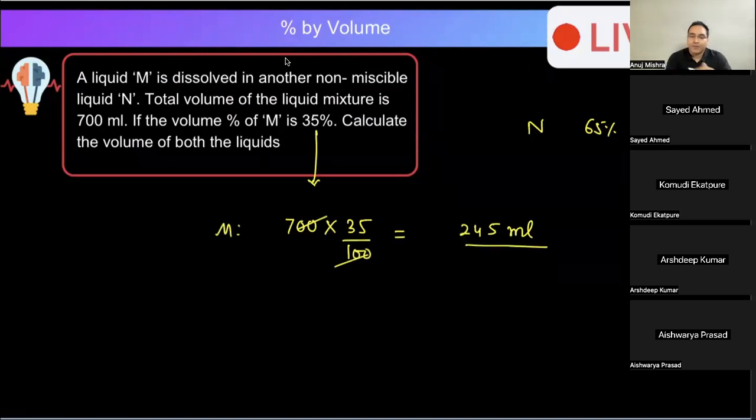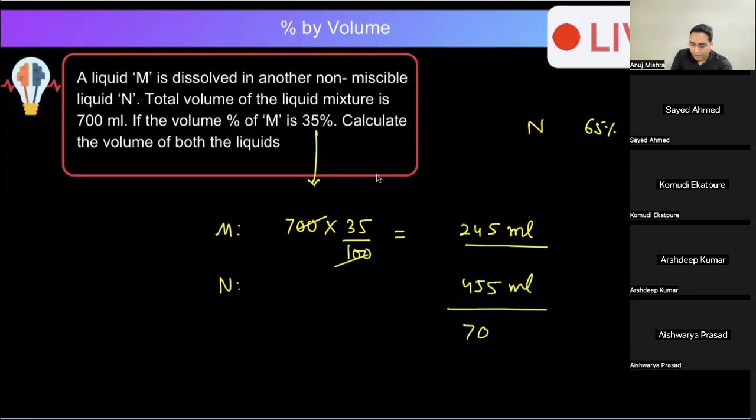It's easy for everyone. How much will N be? Total 700 ml. So what should N be? 355 or 455? It will definitely be 455. If you add, you should get 700. If it's coming, then fine. Is everyone able to do the question? Okay, so this is 700 into 65 by 100. You can do the same thing. Simple question.